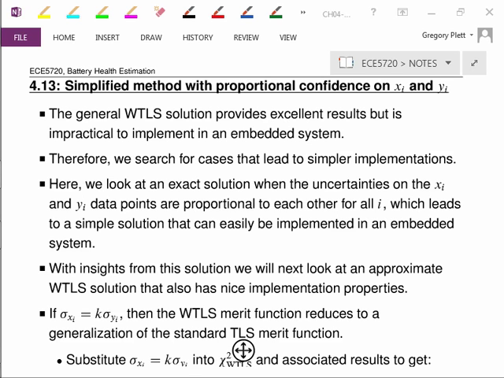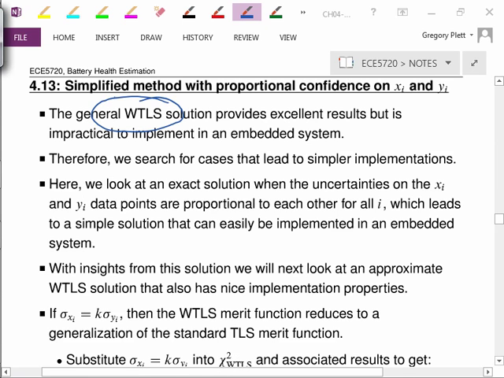So what we do is we search for a special case of the good solution. Can we find a special case that is easy to implement? And if we can, then maybe we can generalize that special case to approximate the general solution. That's what we're going to do.